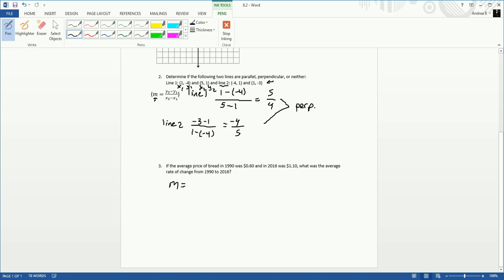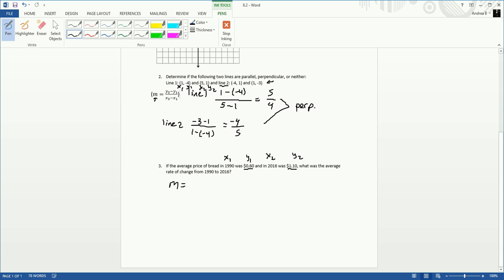So you're really finding that slope if you're finding the average rate of change. So here, in this case, our y values are going to be the money, the amount of money. So this would be your y1, this would be your y2, and then the x's are the years. So we have x1 here, and x2 as the 2016.